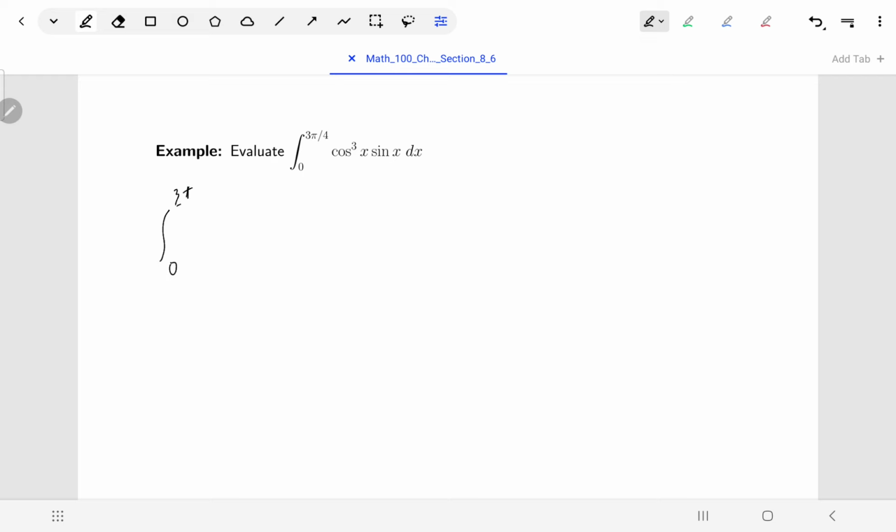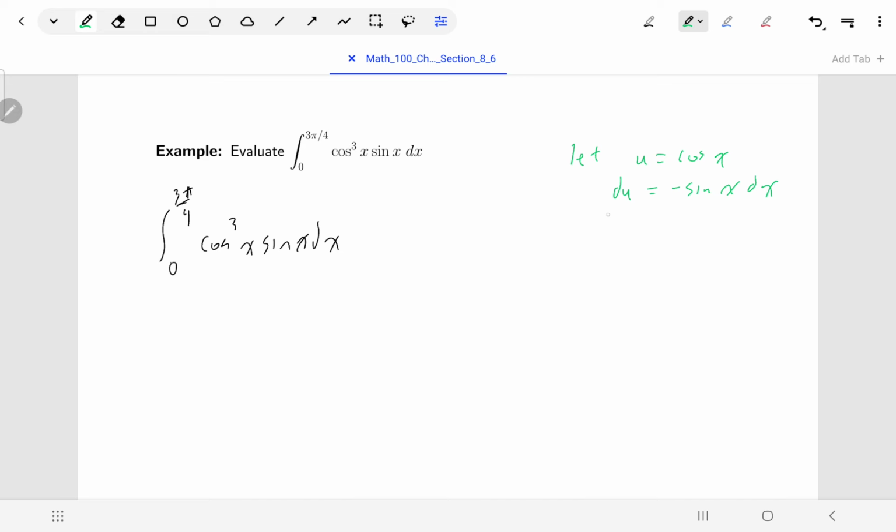So let's get ourselves going here, thinking about what we're going to choose as our u. I'm going to start off on the side saying to myself, well, I've got cos cubed times sine. If I had u being cosine of x, then du would be negative sine x dx.